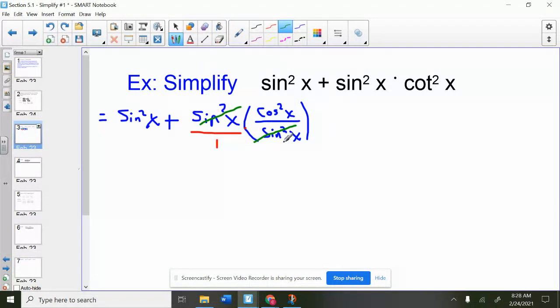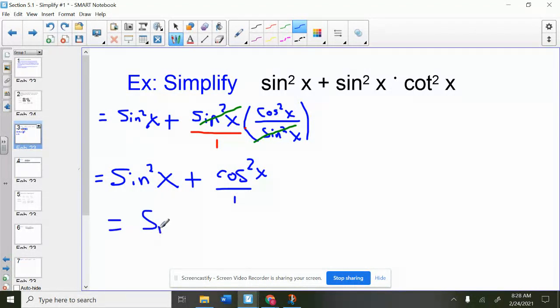So both are sine squareds. That's complete cancelization. So what am I left with? Well, over here, I'm still left with this sine squared. And here, I'm left with a cosine squared, and then over 1. Now, cosine squared over 1 is, of course, just cosine squared. And you wouldn't necessarily have to write that step I just did.